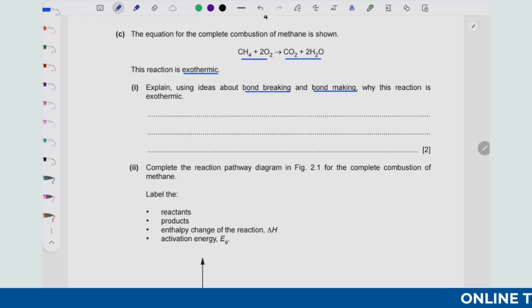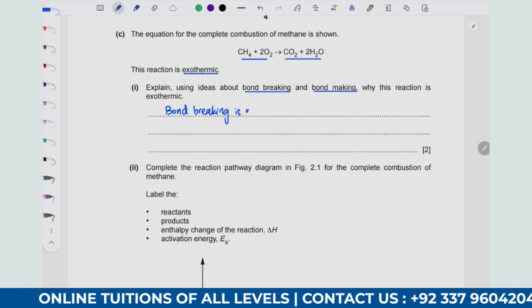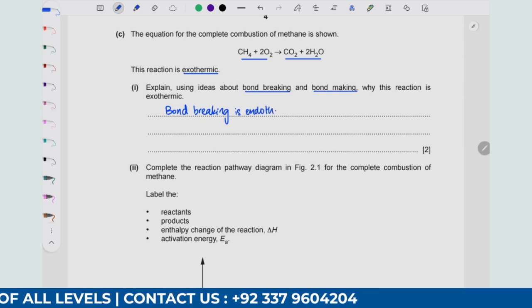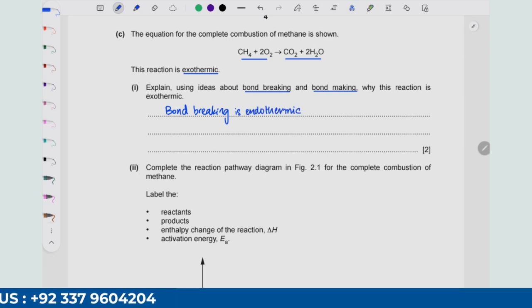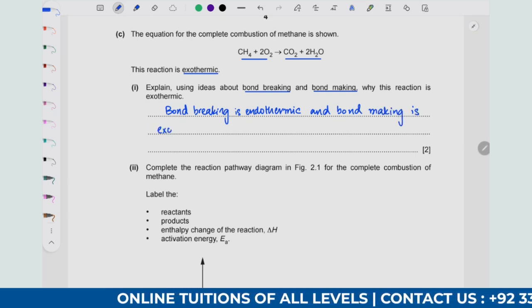So we will say that bond breaking is endothermic and bond making is exothermic.